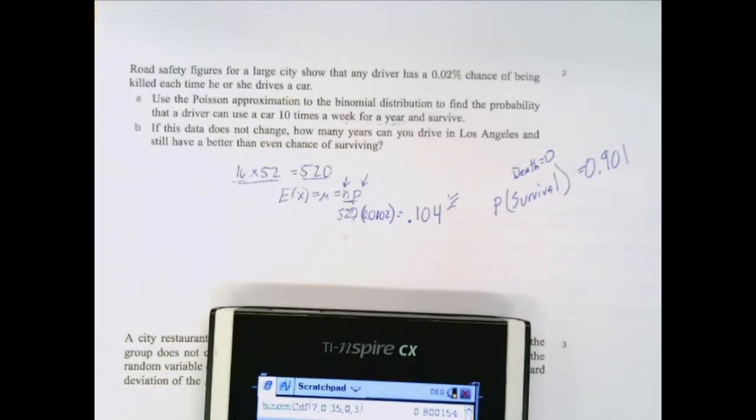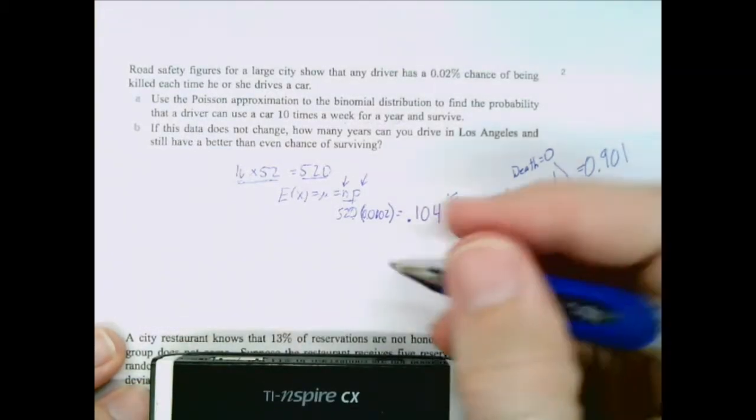All right. Now, part B says, if this data does not change, how many years can you drive and still have a better than even chance of surviving? So in order to do this, we're going to have to be a little bit more creative, but basically we just need to find out how many times we need to do this before we get to 0.5, a 50% probability.